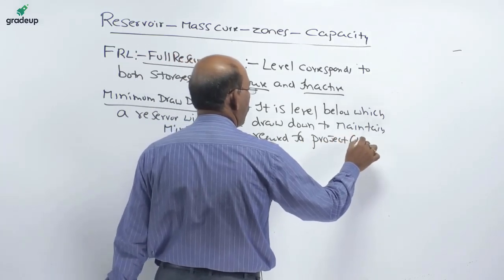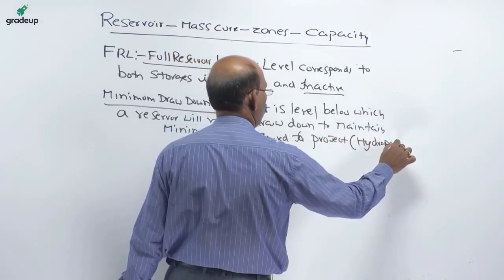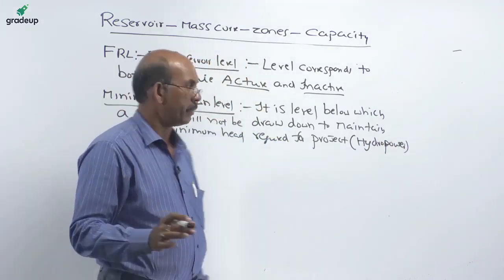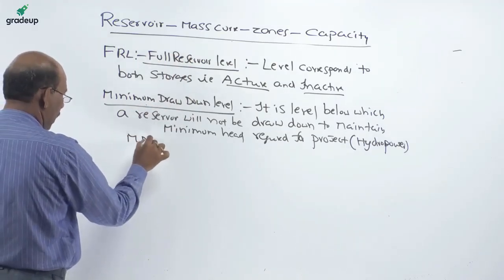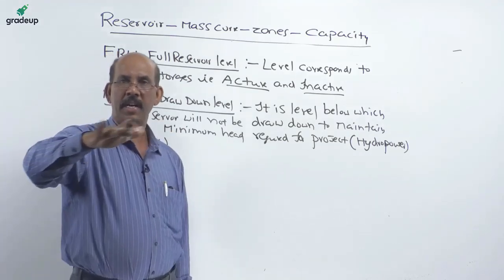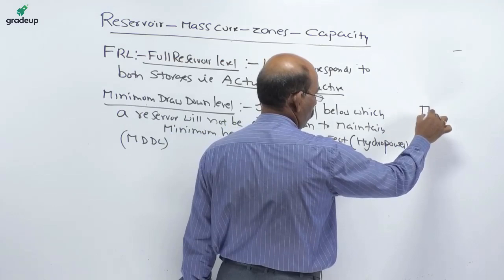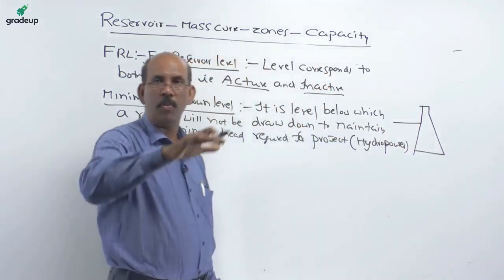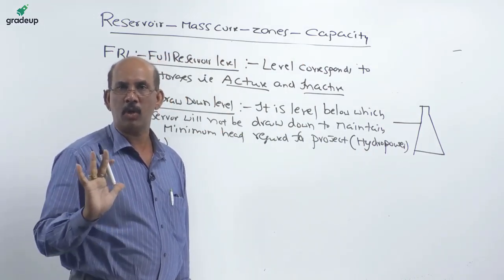This is for hydropower. Coming to the next one, minimum drawdown level, MDDL. That means in a dam you maintain some level of water below which it is not allowed to draw down.